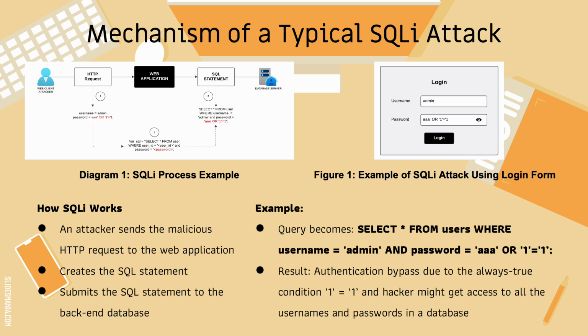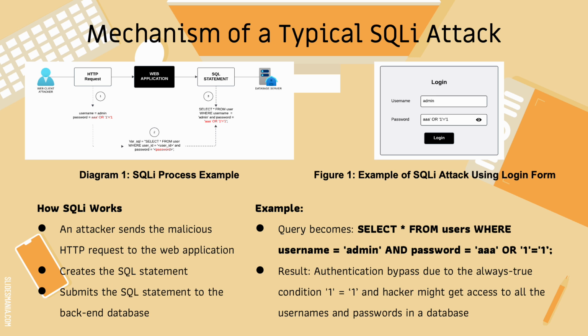As you can see in figure 1, the attacker can input admin in the username field and then input malicious data like AAA' or '1' exactly like demonstrated in the figure. And then the query will become: SELECT * FROM users WHERE username = 'admin' AND password = 'AAA' OR '1'.